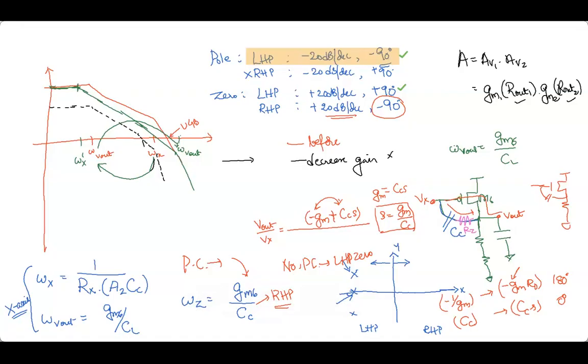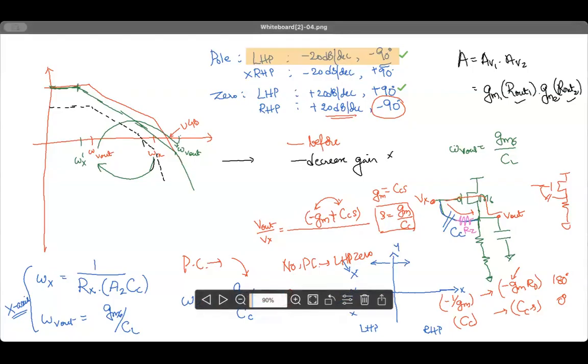Can we reduce the DC gain? That's what the black curve shows. The black curve shows that if the gain is reduced, our UGB will be inside and omega X is outside. So it's effectively a single pole system, having only one pole, omega Vout. Omega X is already outside UGB, and hence we are safe.